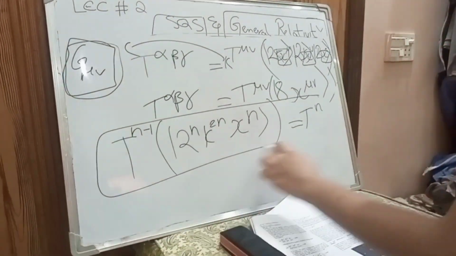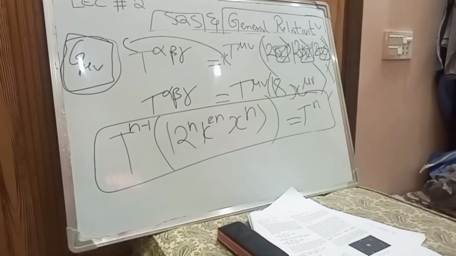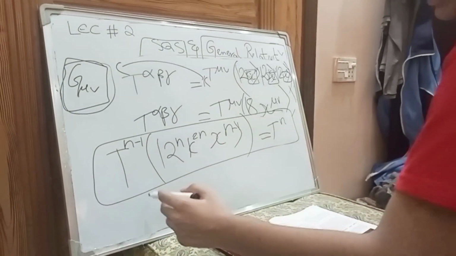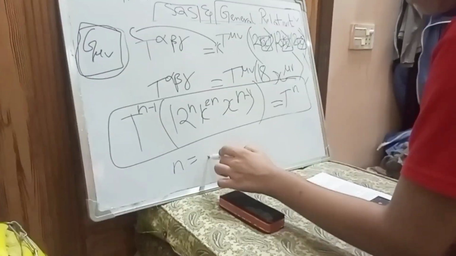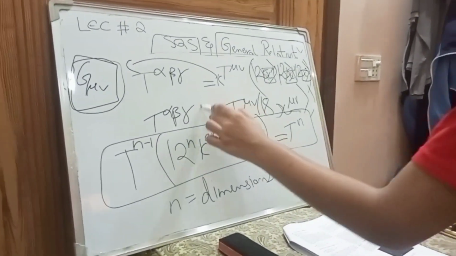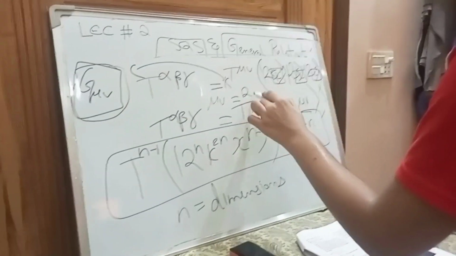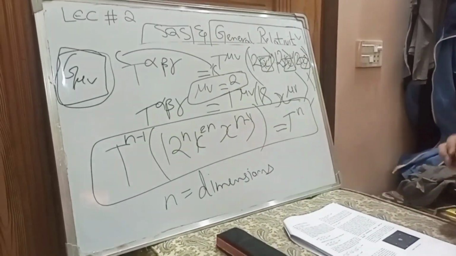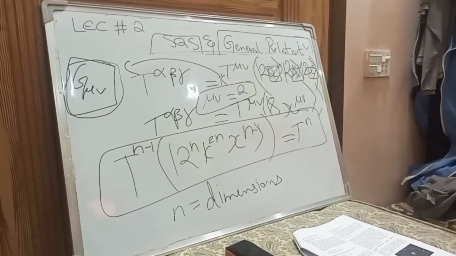We get this equation, something like that. Now here the n term explains the number of dimensions. Now let's say we are talking about mu v; it is describing indices, the number of indices we use to explain dimensions.